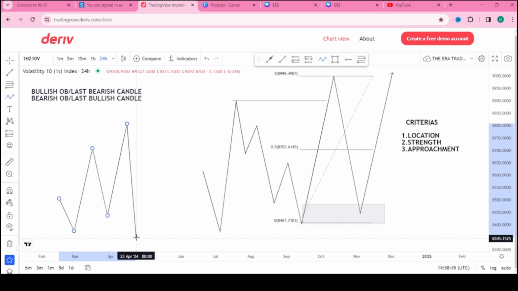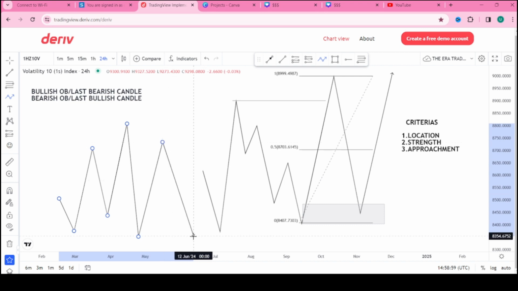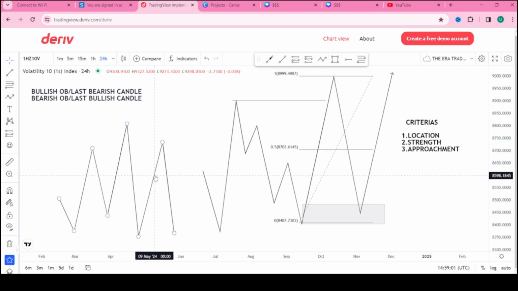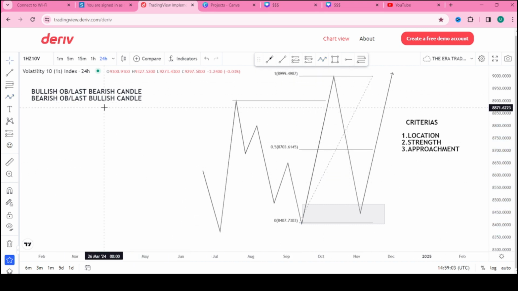For a sell, after breaking the low, the last bullish candle before this break is your order block. So we have a bullish order block and a bearish order block. The bullish order block is the last bearish candle before the push up, while the bearish order block is the last bullish candle before a push down, or before the sell move.